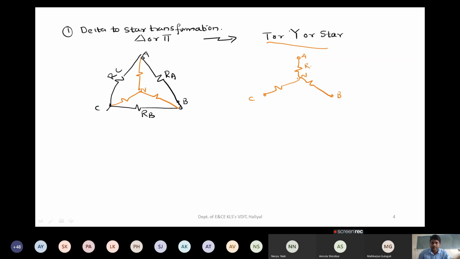Okay, so if I assume them as R1, R2 and R3, now we need to define R1, R2, R3 in terms of the delta representation.